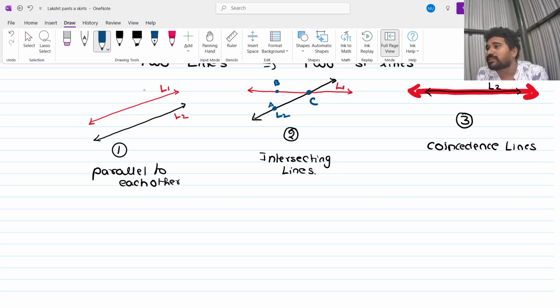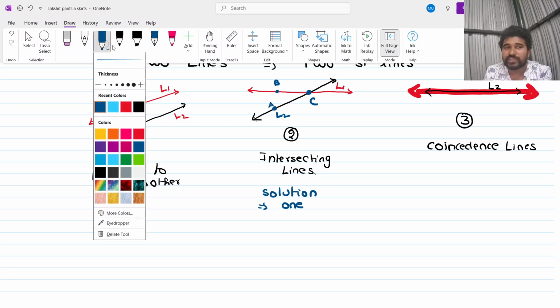What is that point called? Common point. Remember that common point is known as solution. Now tell me, like that common points, how many are there in this intersecting lines case? Only one. Clear for everybody?